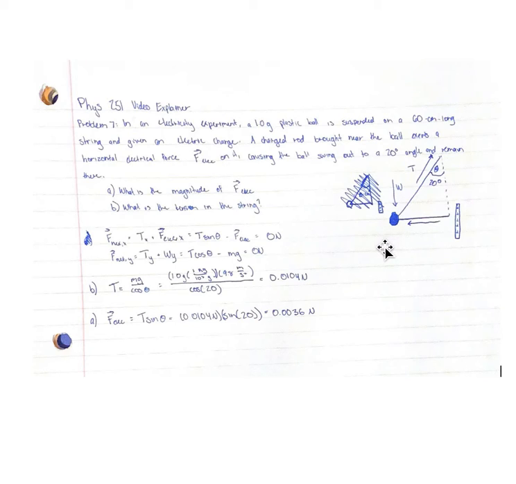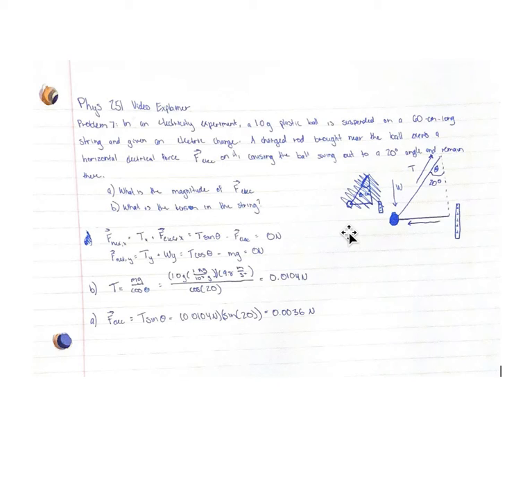We will also be using these two equations, the equation for the net force in the x and y direction, to solve for the magnitude of the electrical force and the tension.